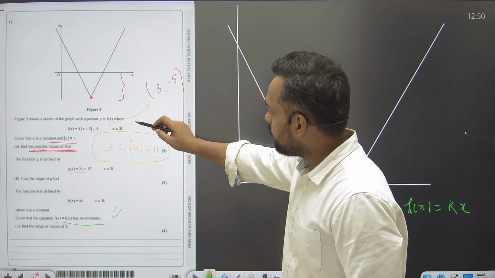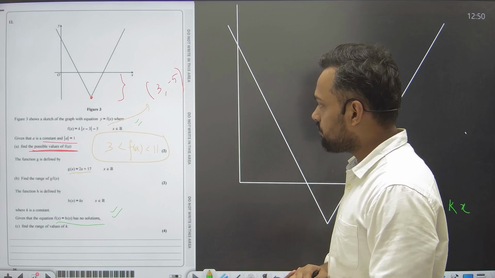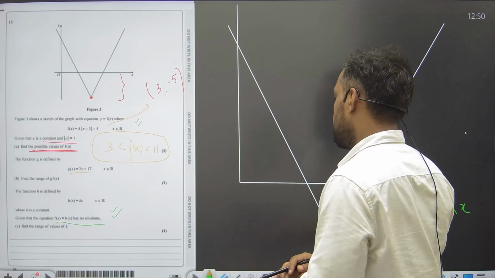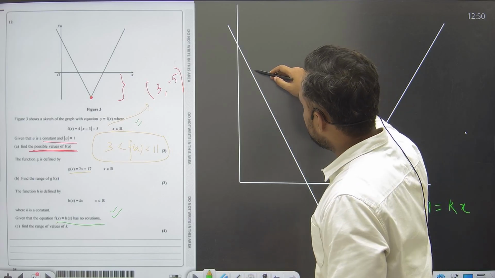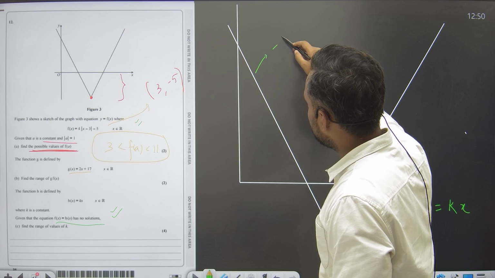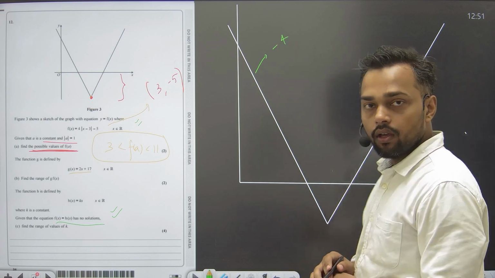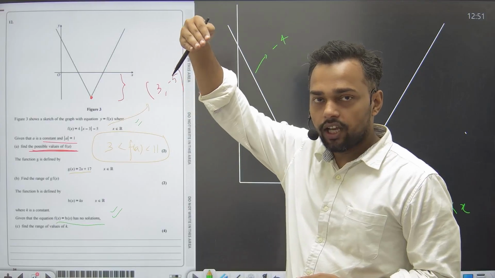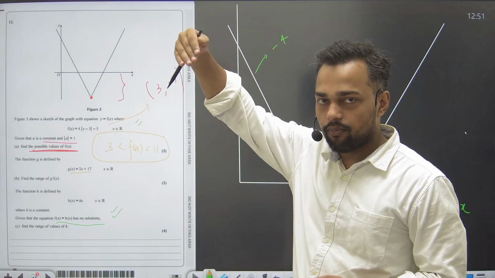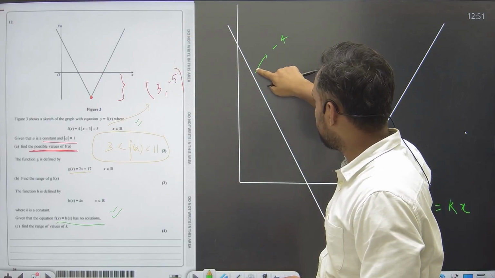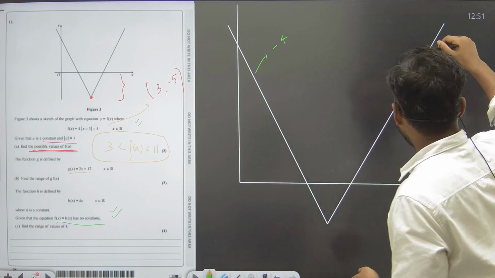We have that particular equation f(x), that is 4|x - 3| - 5. First, what we need to see, what will be the slope of this line? That will be negative 4. We know how to find the slope, y = mx + c. So m here is the gradient, so this part will be negative 4 and this part will be positive 4.